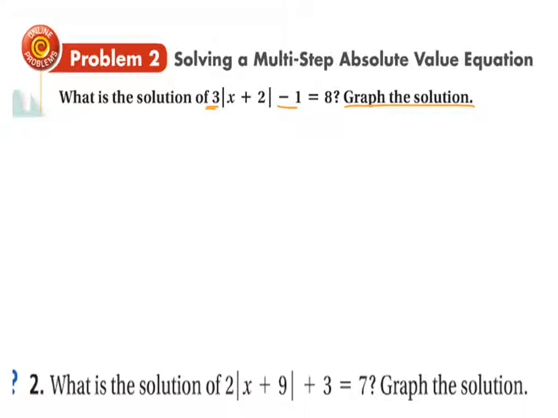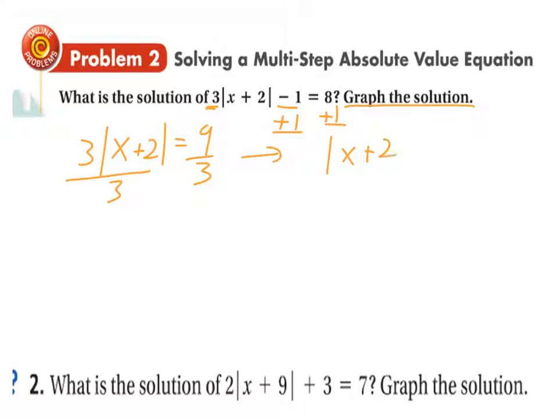To isolate the absolute value, we start by adding the 1 to both sides. We still have the 3, the absolute value of x plus 2, and then 9. And then to get rid of the 3, we divide both sides by 3. That gets us to the absolute value of x plus 2 equals 3.